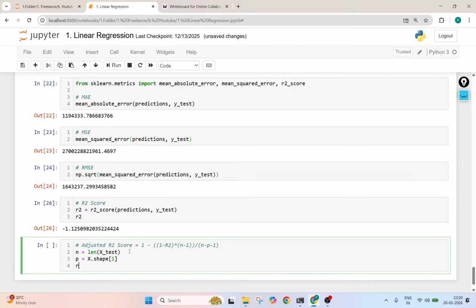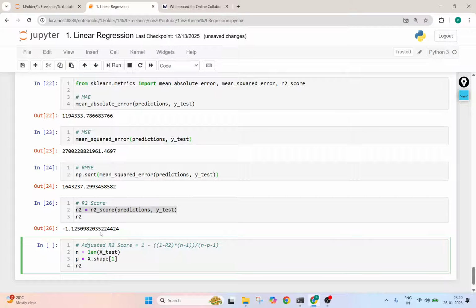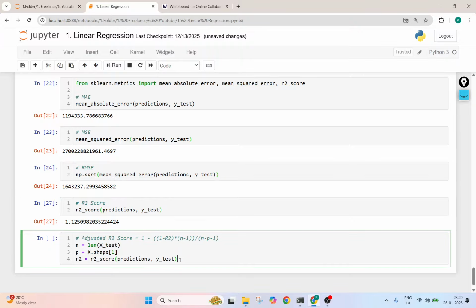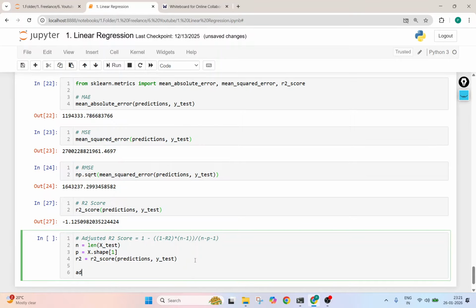All right. And R2 we already know. This is our R2. Okay. In that case, we do not need this. That's fine. So we have found everything. Now simply, let's just use the formula. So adjusted R2 equals to, let's just copy the formula.